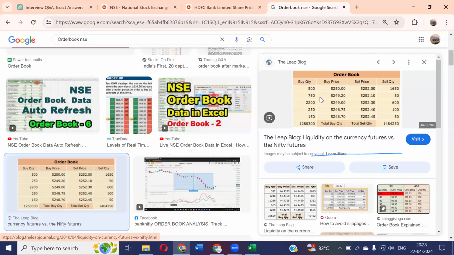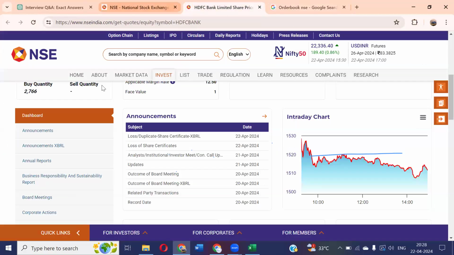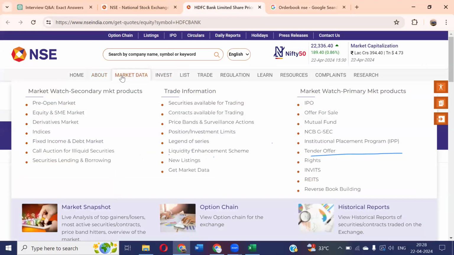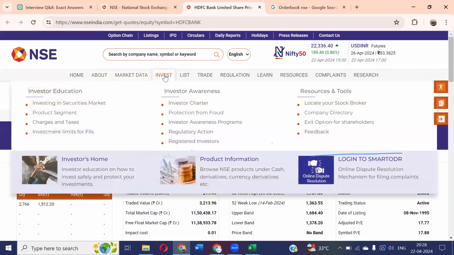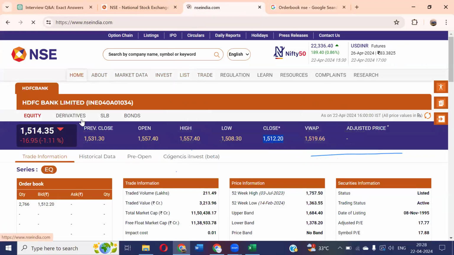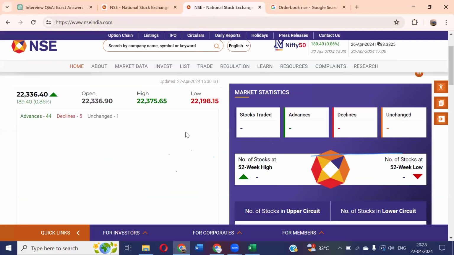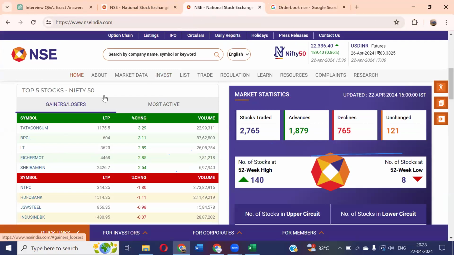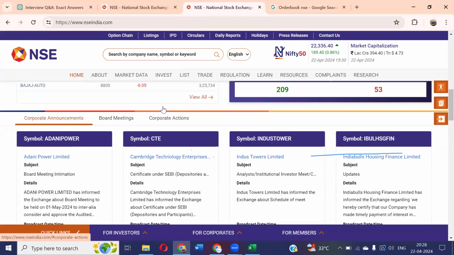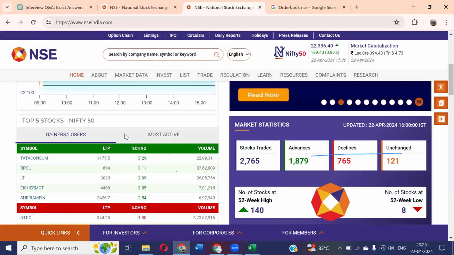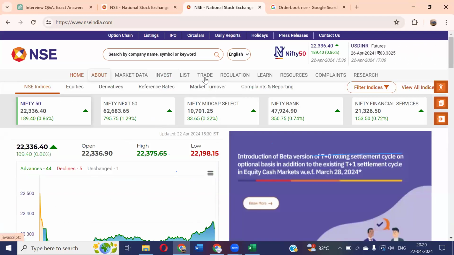The order book is displayed on the NSE website also. I'm not sure where we can see it. Now it's not going to be available; only during live trading, I think it's available. It is not available on the NSE direct site.